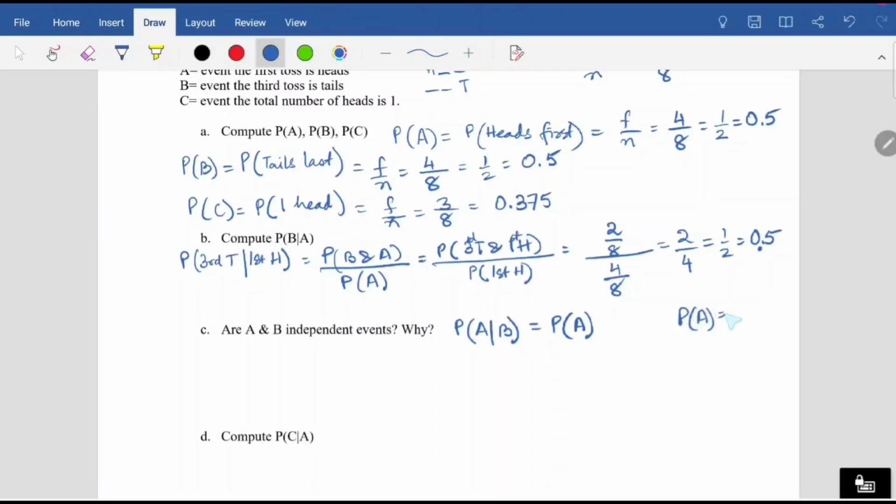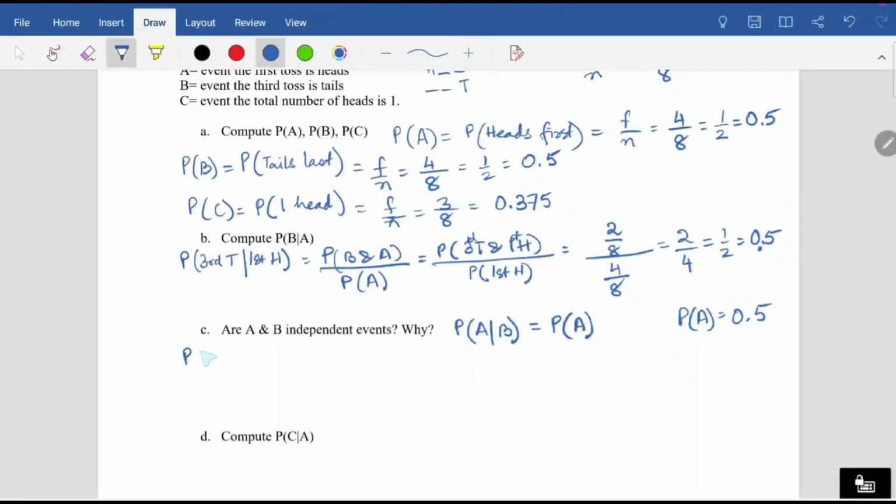Probability of A equals 0.5. We just have to find probability of A given B. Keep in mind that probability of A given B is not the same as probability of B given A, so you have to do this calculation. We haven't done this in any previous question.